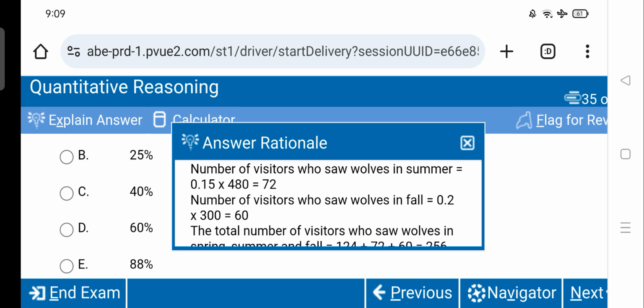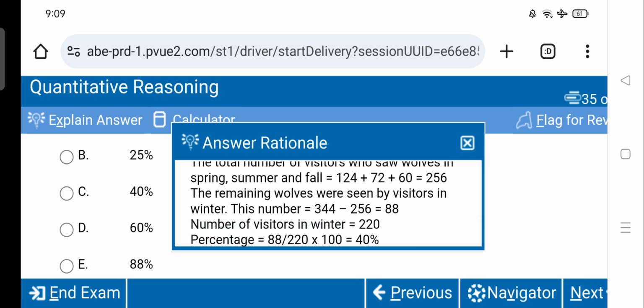So the total number of visitors who saw wolves in spring, summer and fall equals 124 plus 72 plus 60 equals 256. The remaining wolves were seen by visitors in winter. This number equals 344 minus 256 equals 88.